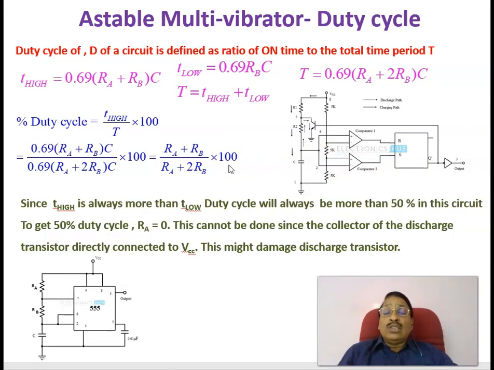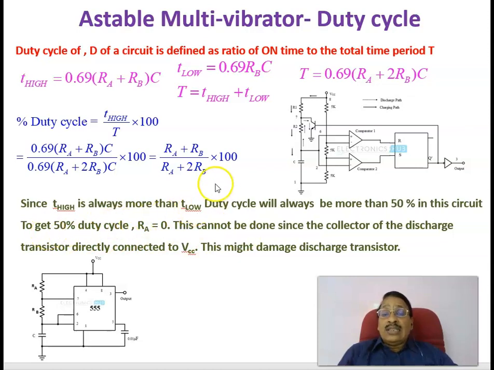The minimum possible is 50%. Since T high is given by 0.69 RA into C plus 0.69 RB into C, but T low is only 0.69 RB into C, T high is always more because 0.69 RA is added to it. Since T high is always more than T low, the duty cycle will always be more than 50% in this circuit.